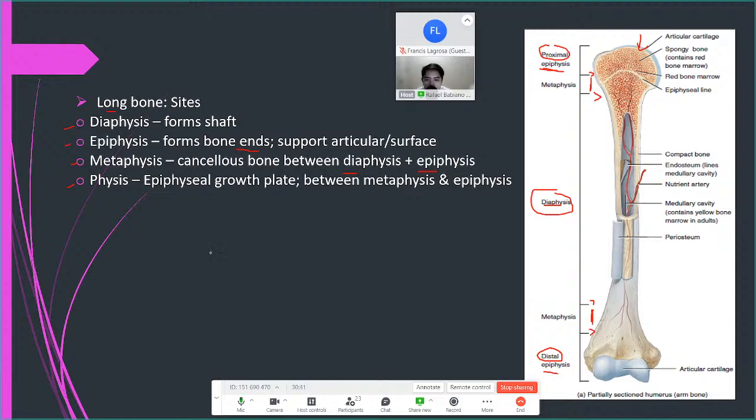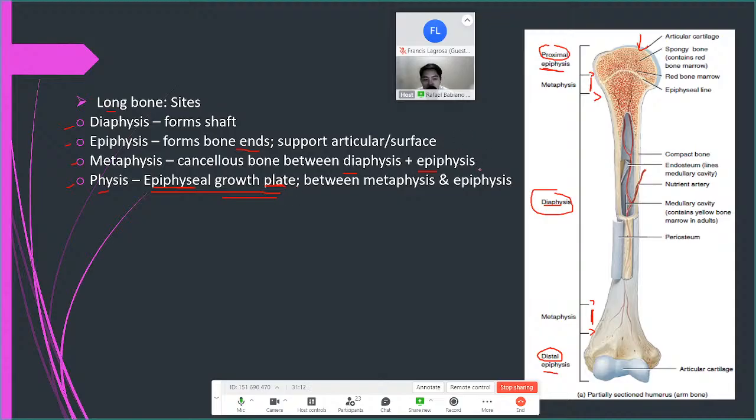Okay? And lastly, the physis. The physis has a lot of names. It can be epiphyseal growth plate, growth plate, epiphyseal plate, physial plate, epiphyseal line, physial line. Different names but same meaning.